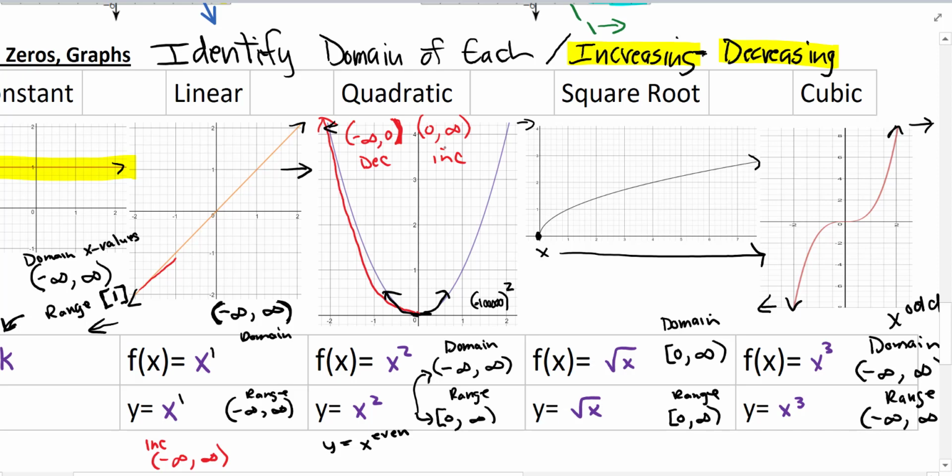So that's the idea of increasing and decreasing. The cubic, even though we write these down arrows, as we're reading left to right, the graph is going up the entire time. So increasing from negative infinity to positive infinity. And for this one, increasing from 0 to positive infinity. All right, that's it for this one.